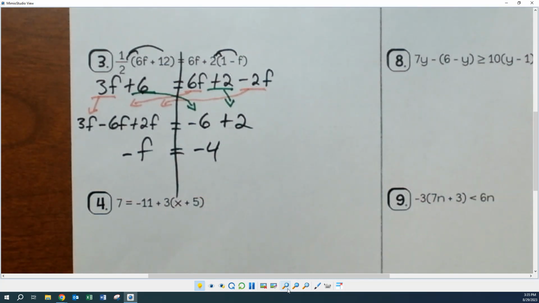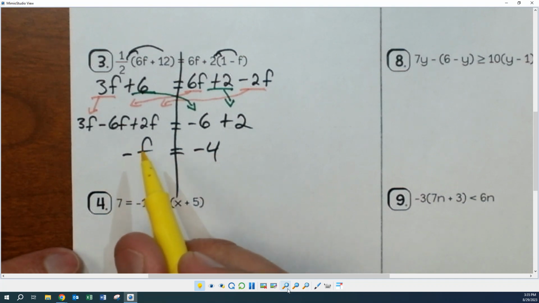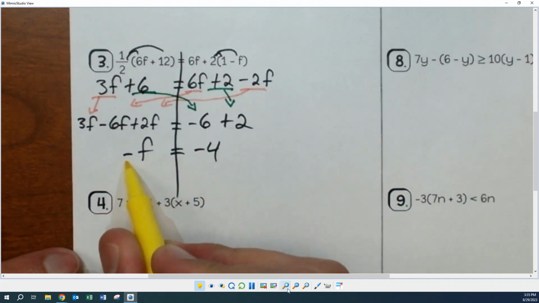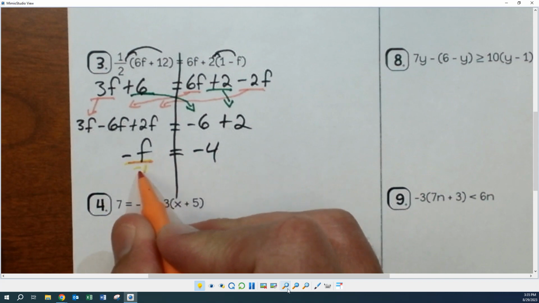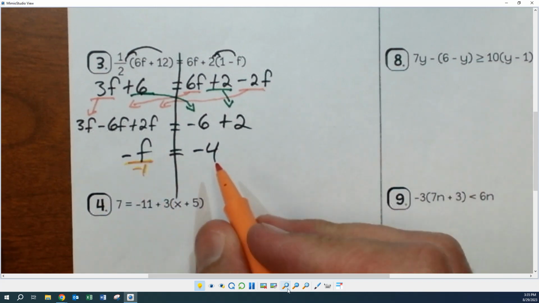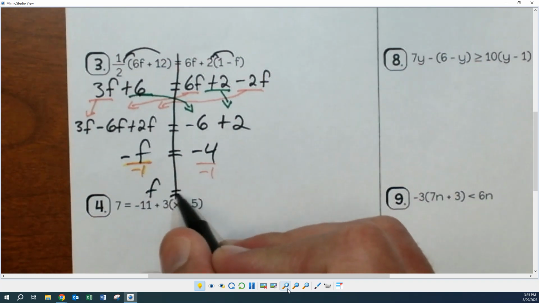So this is the part that I don't like about this method. I ended up with a negative here. And in order to deal with this negative variable, I need to divide by negative 1 on both sides. So this becomes f equals 4.